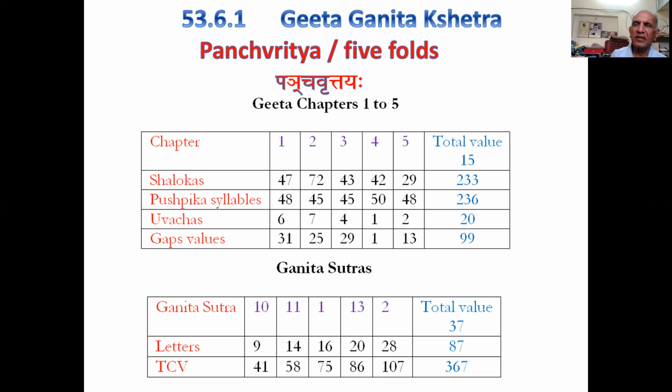Further, in this context, for a parallel comparative comprehension, one shall also glimpse the organization features of Ganita Sutras coordinated with these 5 chapters of Gita. We know that chapter 1 of Gita, Arjuna Vishad Yoga, is coordinated and correlated with Ganita Sutra 10, Yavdunam.